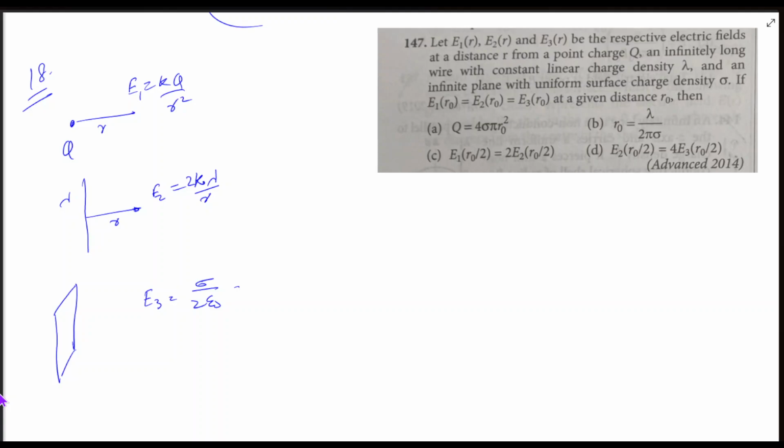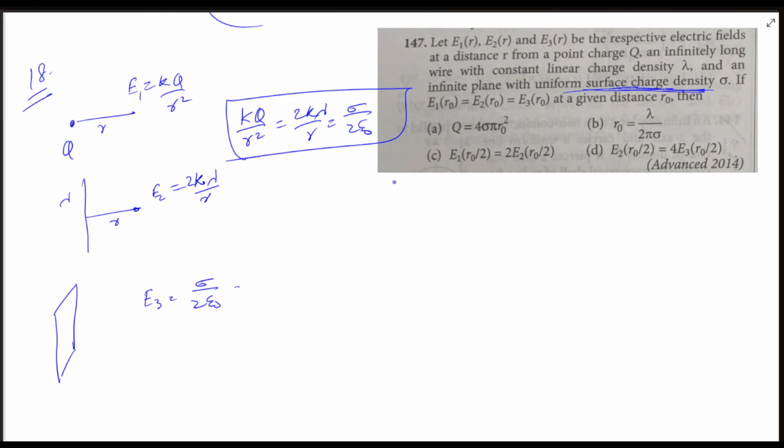Now, the question says if all three are equal, so we have to put them equal. Infinite plate of uniform charge density. So kq by r square will be equal to 2k lambda by r, equal to sigma upon 2 epsilon naught. This is what the question gives.